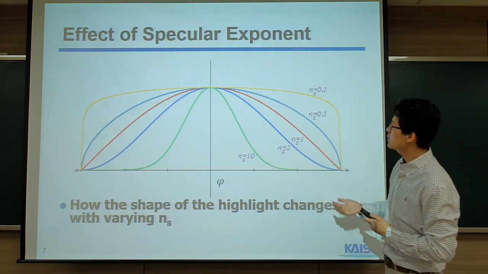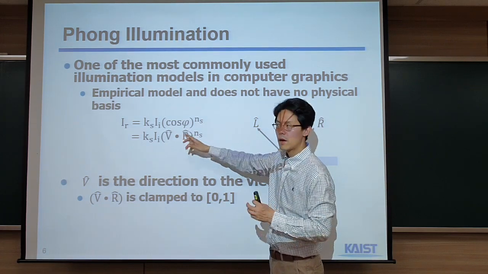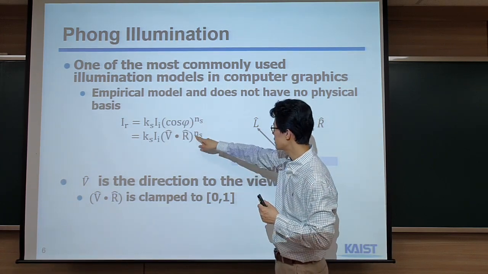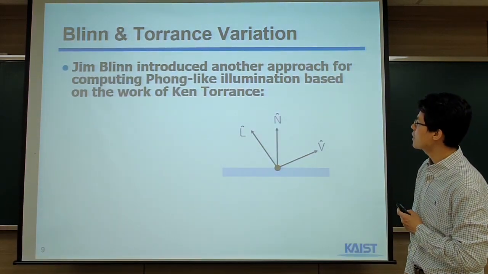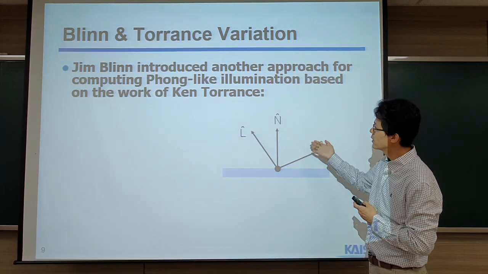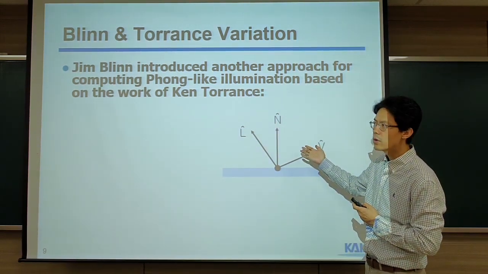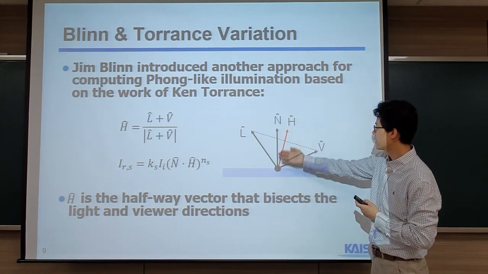So here, you might remember that we need vector operations to compute this R vector, right? And then here is how the Blinn and Torrance model computes it. In this case, we don't need to compute the R vector. Instead, we use the halfway vector.